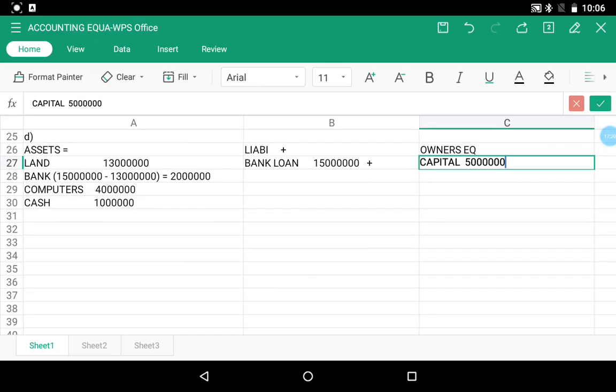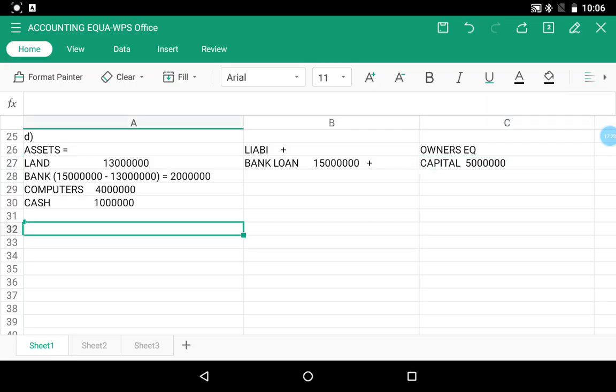So this transaction only affected bank and the land. So when we add here, we still have our 20 million because they reduced the amount of bank by land.